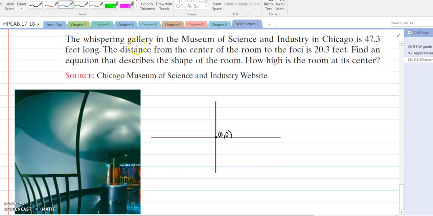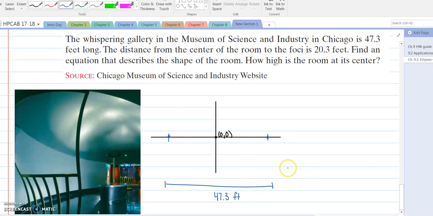It says that the Whispering Gallery in the Museum of Science and Industry is 47.3 feet long. So I'm going to use the x-axis to represent my length. 47.3 feet long is the total, so from one vertex to another vertex, that total distance would be 47.3 feet. That means I can do halfway on each side.